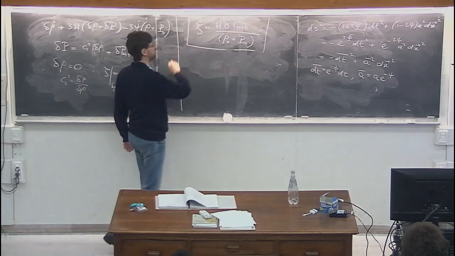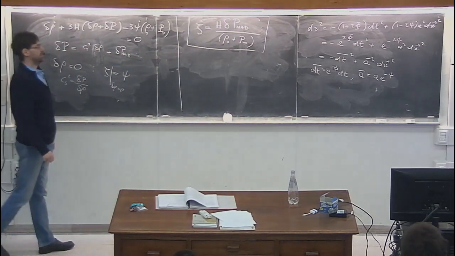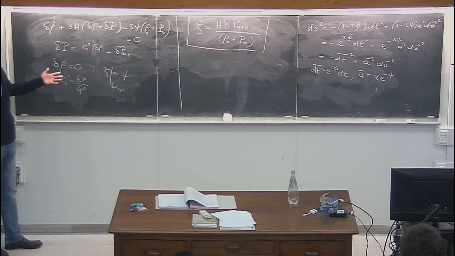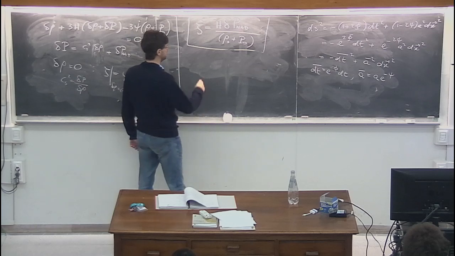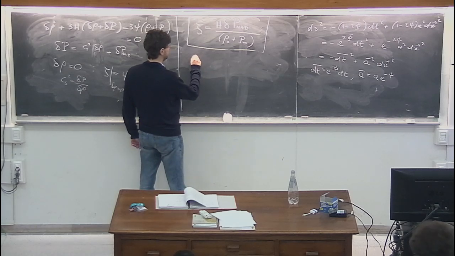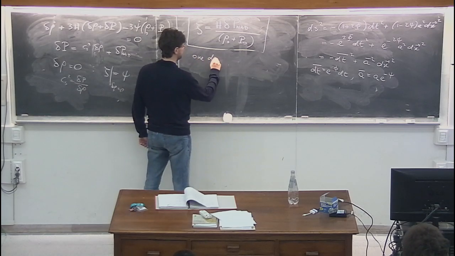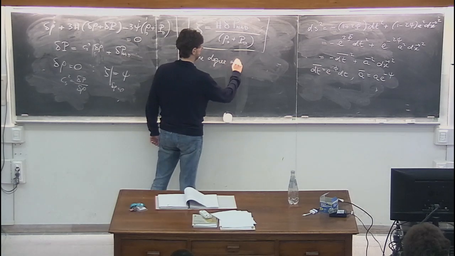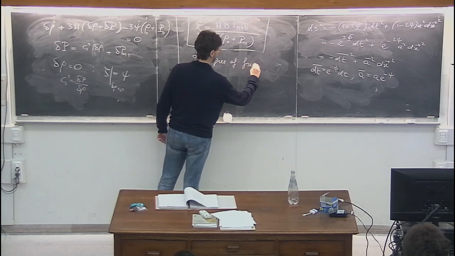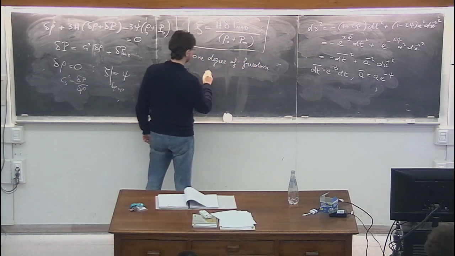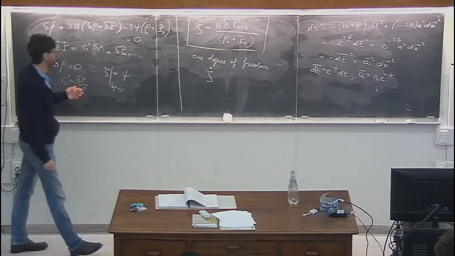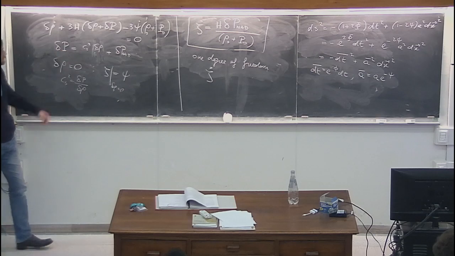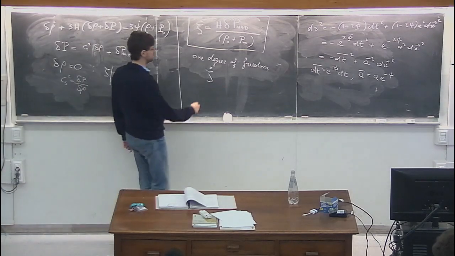This is a generic equation. In the case in which I have only one fluid, only one degree of freedom, which is the scalar field, then for one degree of freedom, since in this case I can express the pressure as a function of the energy density, I get that zeta dot is equal to 0.